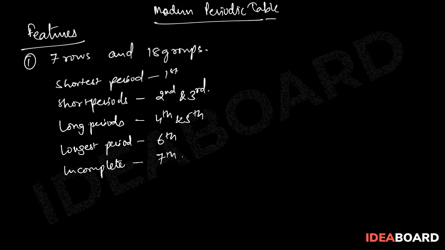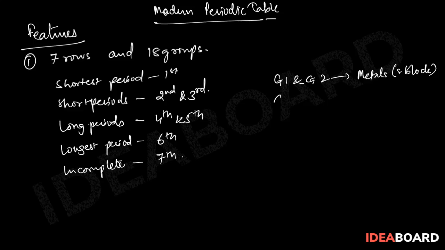Similarly, we have different features of groups as well. We know that the first two groups, group 1 and group 2, alkali metals and alkaline earth metals, are basically metals. So they are the S block.